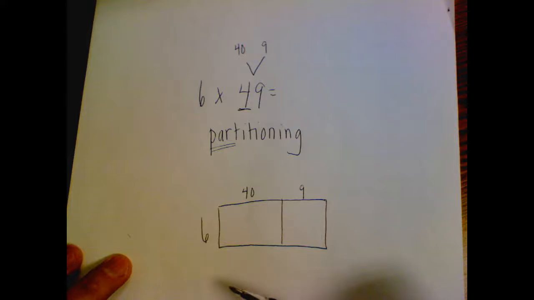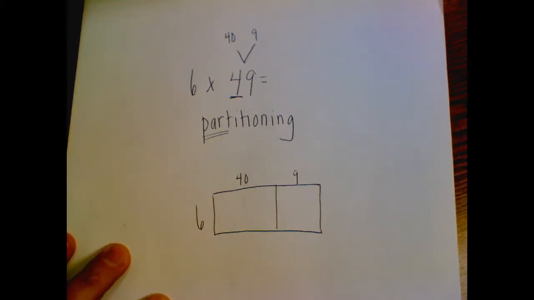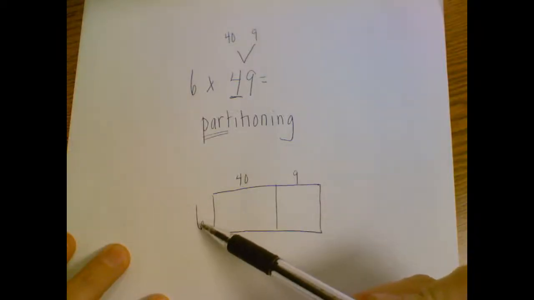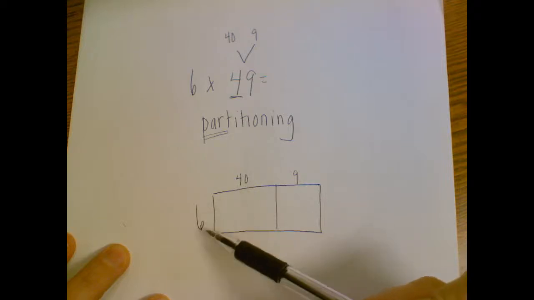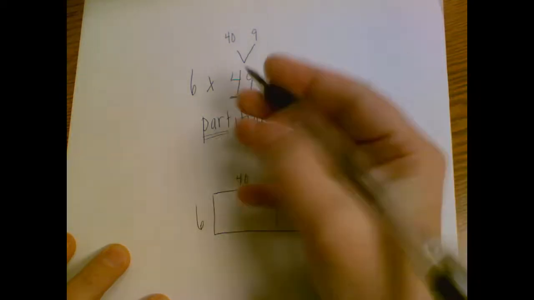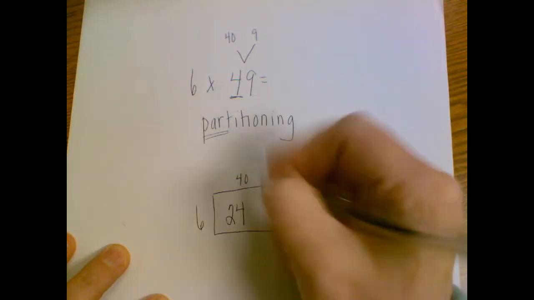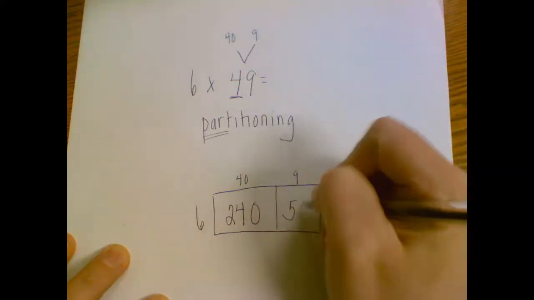So you'll definitely need your multiplication chart if you don't already have all your facts memorized, okay? So mental math, 6 times 40. Well, think of it as 6 times 4. That's 24, and then we had 1 0 in our original problem. And now we do 6 times 9, and that's 54.